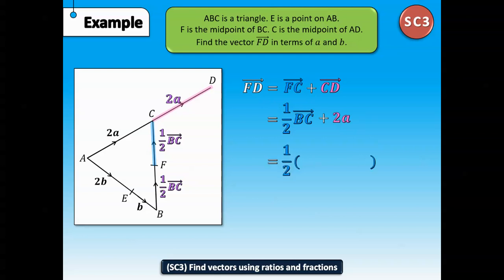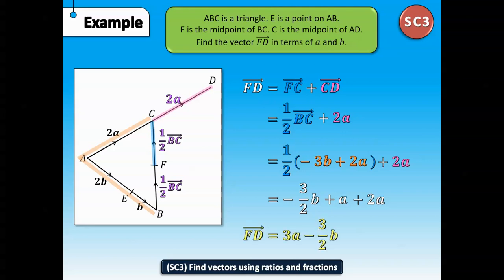Now BC would be minus 3B plus 2A. So if we expand that bracket, we get minus 3 over 2B plus A plus 2A. And if we simplify that, we get 3A minus 3 over 2B.